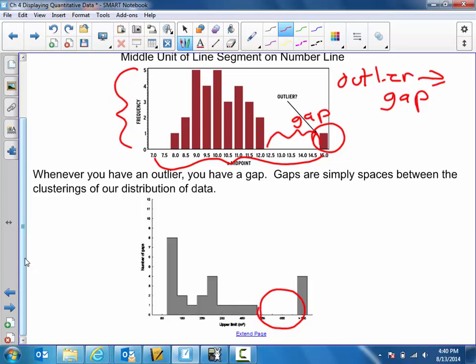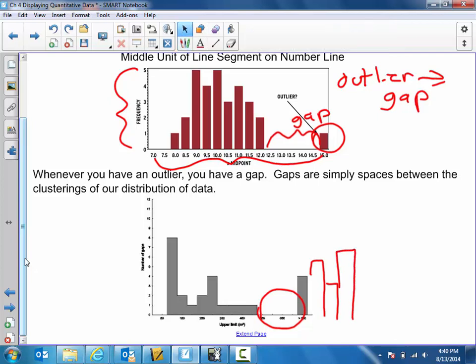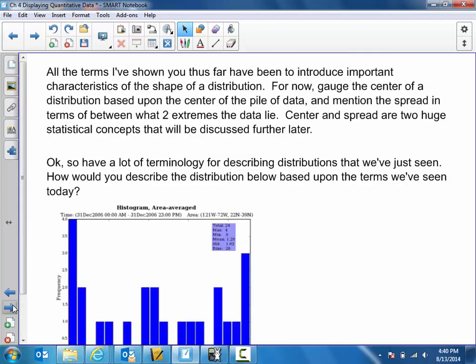But it's not necessarily true that every time you have a gap, a separation between a bin and the rest of the data, you automatically have an outlier, because you could have that gap that I just circled followed by more of the distribution looking something like this, okay? So you can have two big clusters of the data, which would mean you wouldn't necessarily have an outlier but still have a gap. So outliers always give you gaps, but gaps do not always give you outliers.